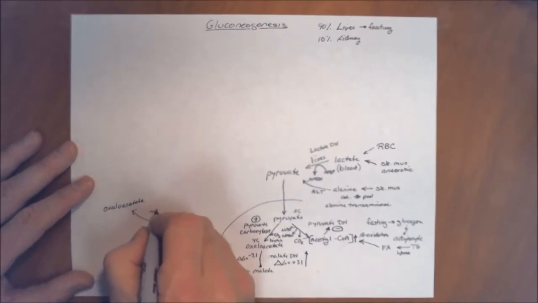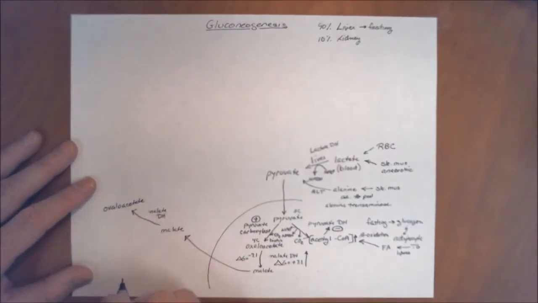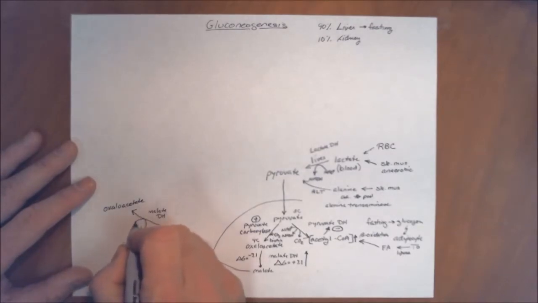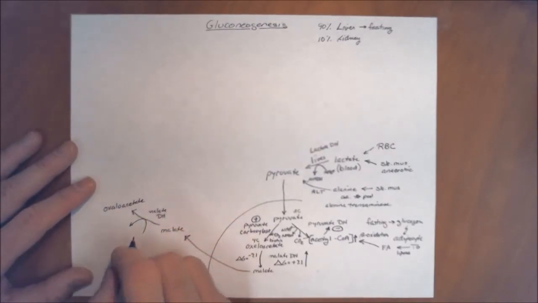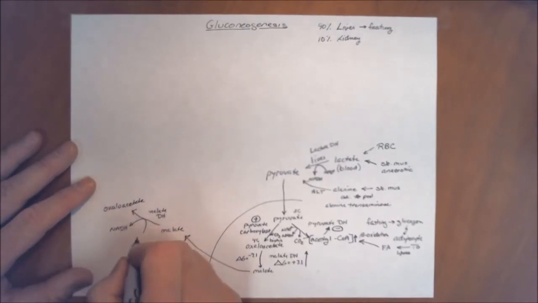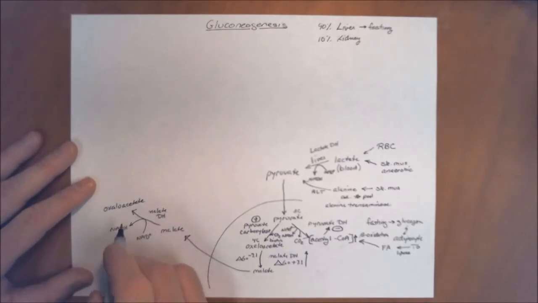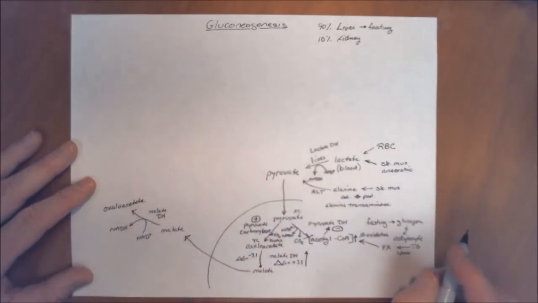This is done by the cytosolic malate dehydrogenase enzyme, and this is going to be delivering reducing power to the cytoplasm. So we are oxidizing malate to oxaloacetate, and we are reducing NAD to NADH. This NADH will become important in one of the steps in reverse glycolysis we'll see in a second.